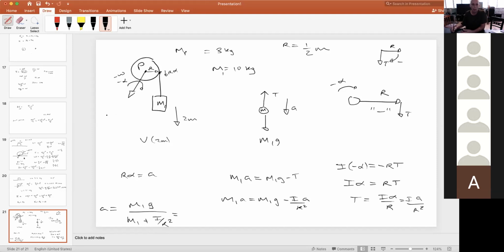I for the pulley, remember, is MR squared over 2, because it's rotating through its body, right? So this M1G is 10, and if we use 10 for g, we can do that here. 10 plus, this is 3 times a half squared, which is 1/4. This is 3/8 kilogram meter squared.